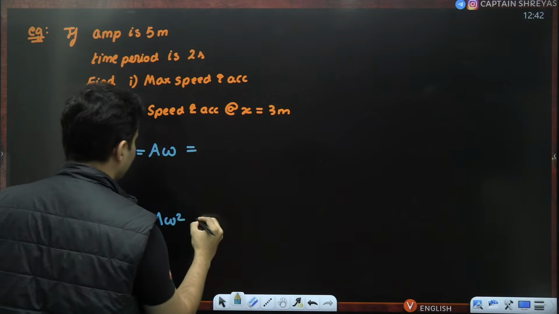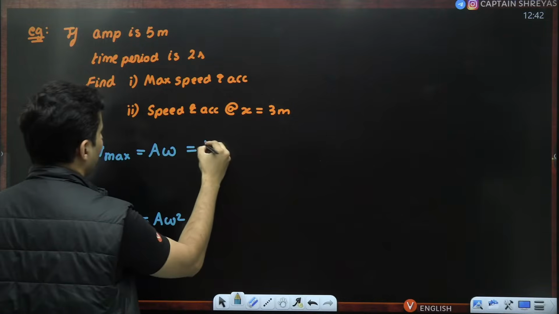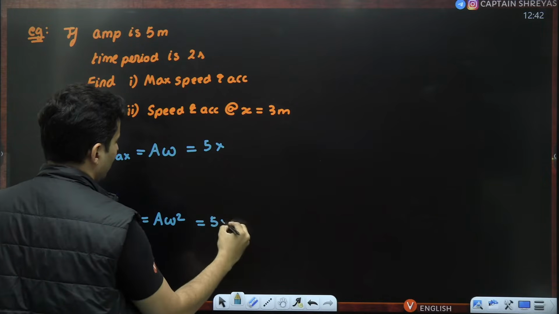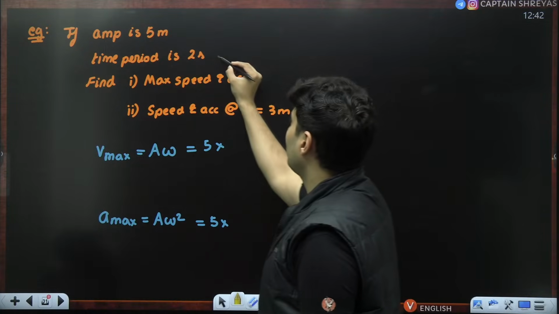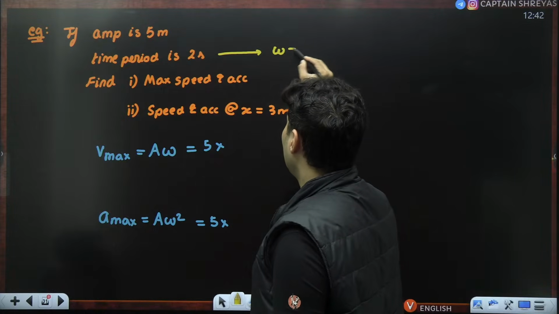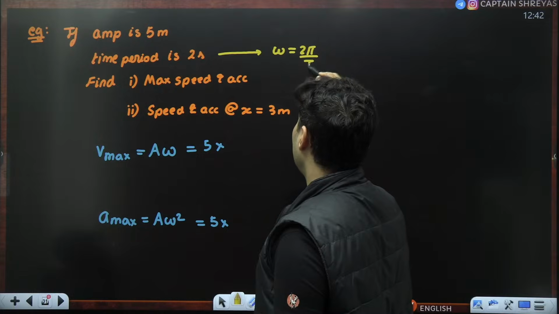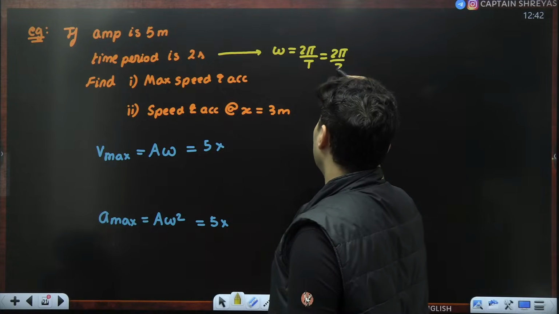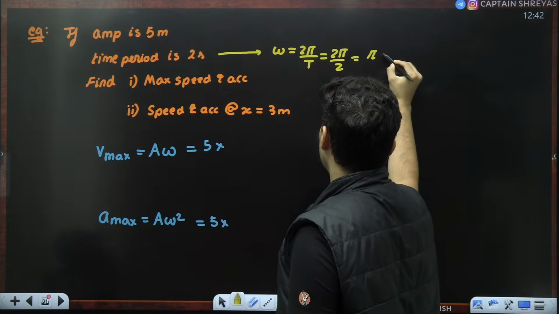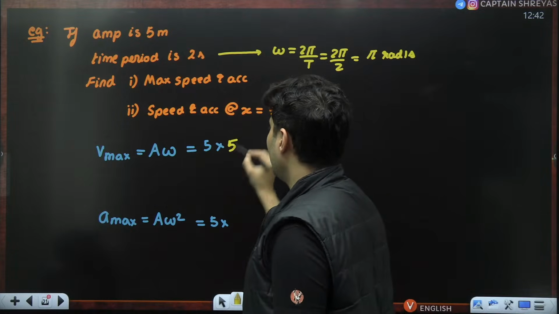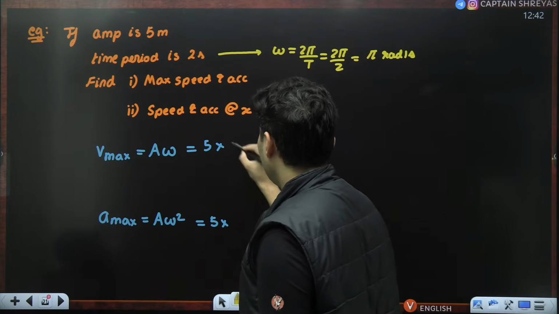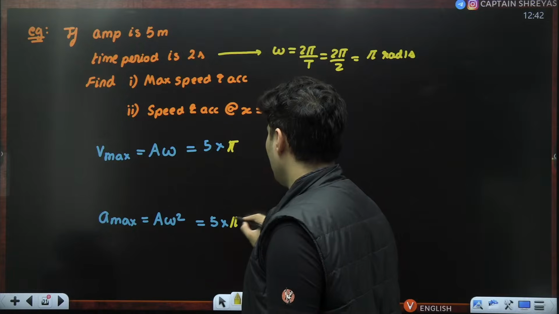But the problem is I do not know omega. Amplitude I know is 5. What is omega? So from the time period, I think we can find omega. Omega was 2 pi divided by time period. So 2 pi divided by 2, 2 cancels. So it will be pi radian per second. So here omega I will put as pi, and over here I should put pi square.